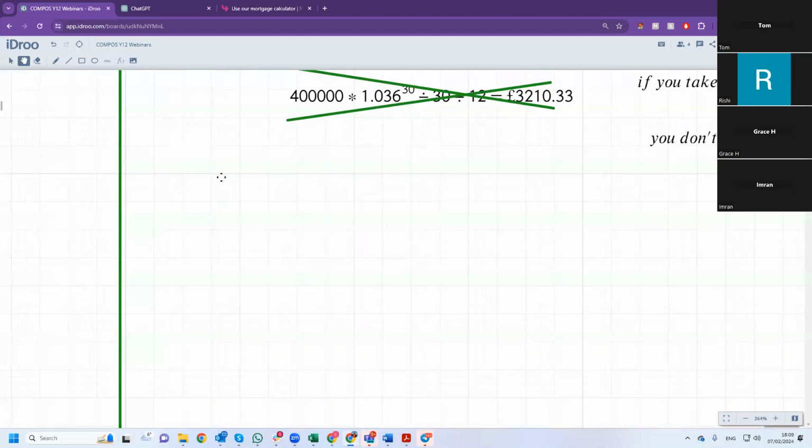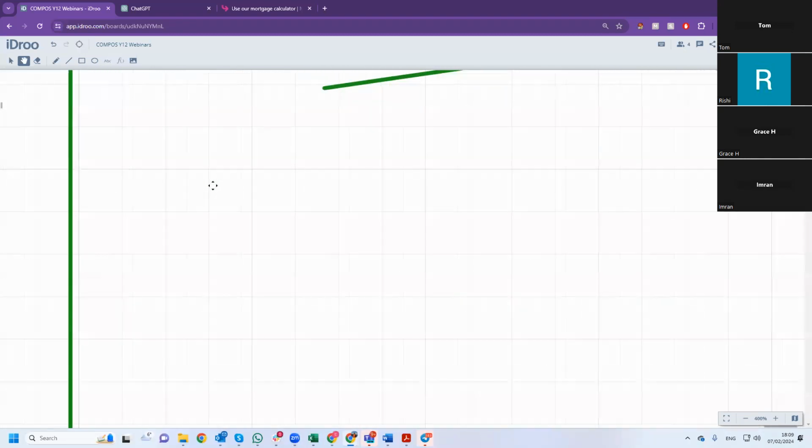So how does this happen? So we will draw a table. I did this 2 weeks ago.